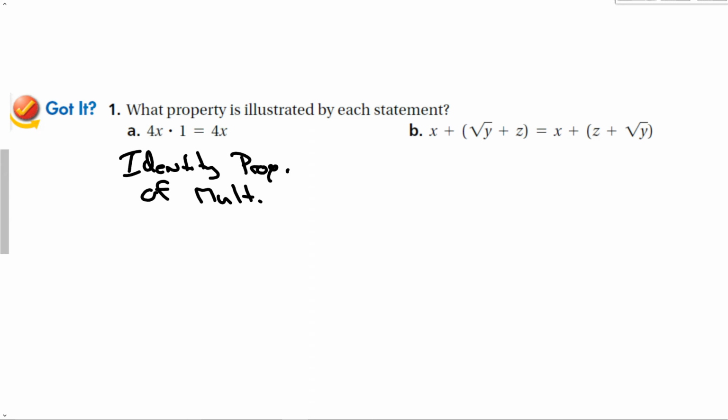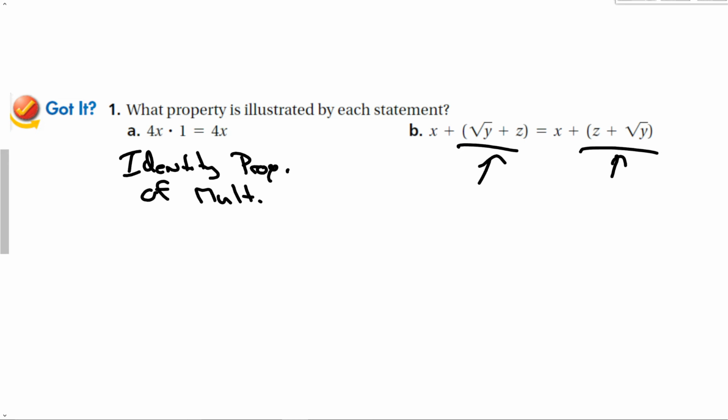Now in part B, the thing that jumps out at you is the parentheses. So I see parentheses right there, so I should maybe want to think that it's going to be the associative property because the associative property has to do with parentheses. But if I look really closely at the stuff in the parentheses, the stuff inside the parentheses hasn't changed.